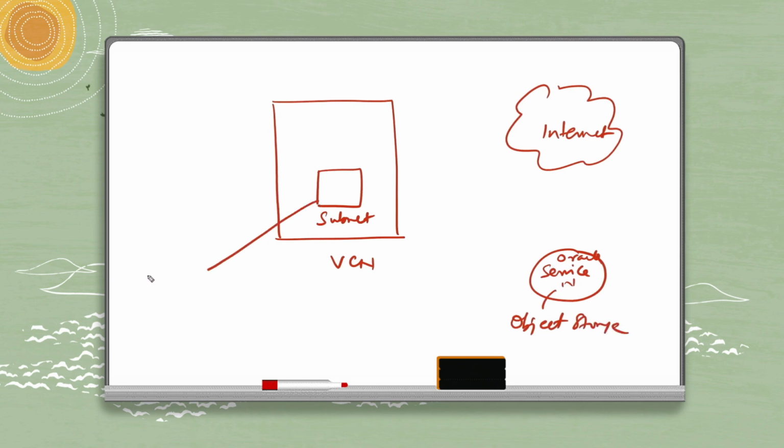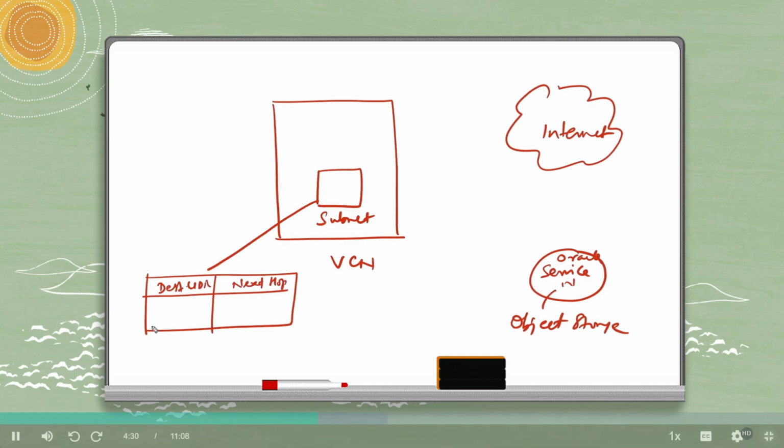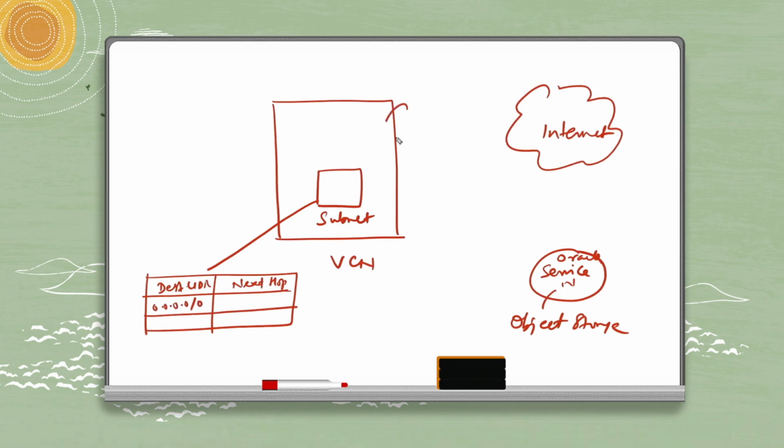Now, if there is a route table that is associated with this subnet, this is the destination CIDR, this is the next hop. And here, if the CIDR range of object storage is specified, basically there are 2 entries. One is 0.0.0.0/0, and here we are calling it internet gateway.